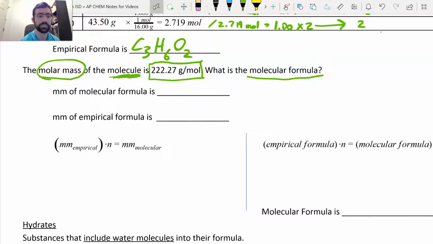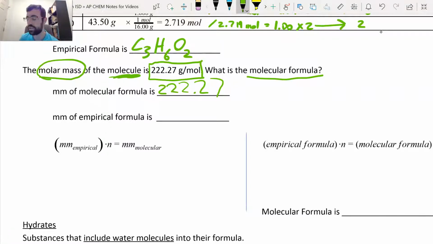It's written again. The molar mass of the molecular formula is 222.27. The molar mass of the empirical formula we would have to look up. That would be carbon has a mass of 12.01, and we want to multiply that by 3 because the empirical formula has a subscript of 3. Plus hydrogen has a mass of 1.008, and I'm multiplying that by 6 because of the subscript of 6.